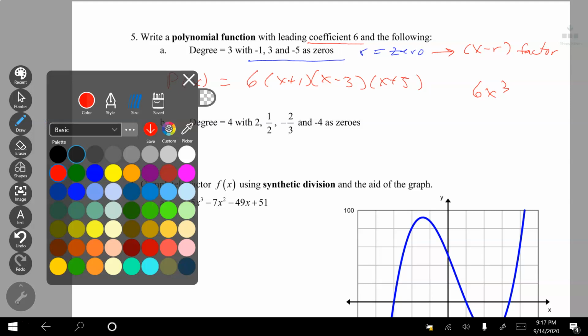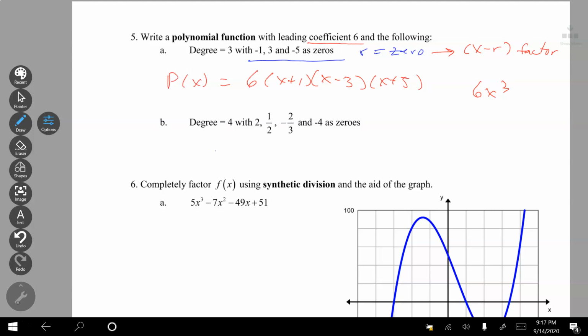The next one is the same idea. It's going to be x minus 2, x minus a half, x plus 2/3, x plus 4. Right now that gives me x to the 4th, and I want 6x to the 4th. I'm not going to put a 6 up front.